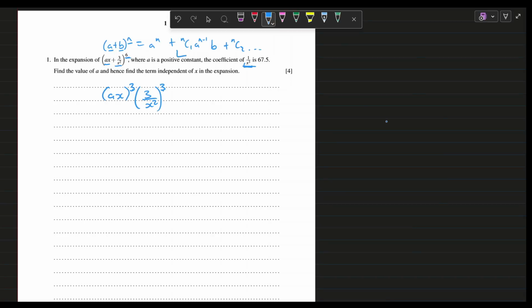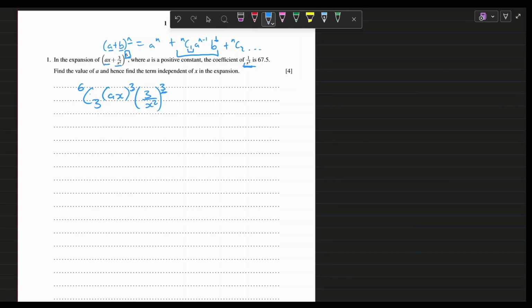And from the formula, the value on n choose is always going to be the power of b. So our power of b is 3, so it means we've got n choose 3, but our value for n is 6, so that's 6 choose 3.